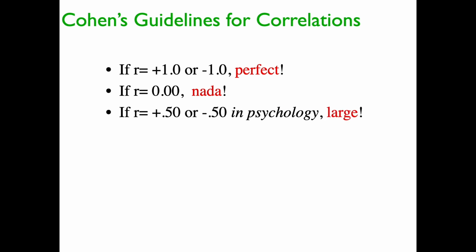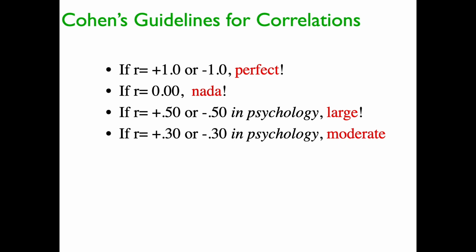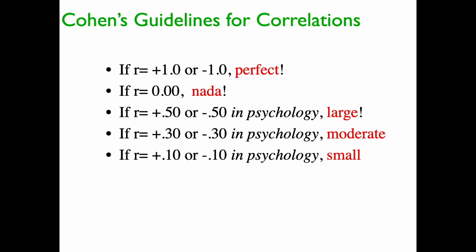If R is around plus 0.5 or minus 0.5, according to Cohen, in psychology, that would be considered a large relationship. If R is around 0.3 or minus 0.3, that's a moderate relationship. And if it's plus 0.1 or minus 0.1, in psychology, that would be considered a small relationship.